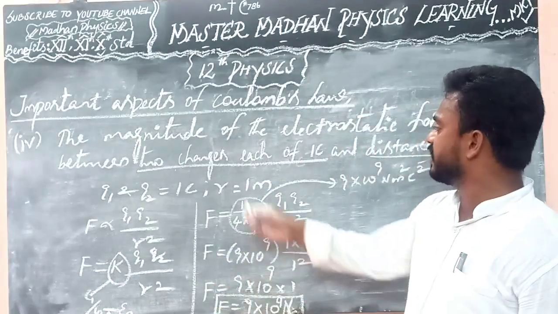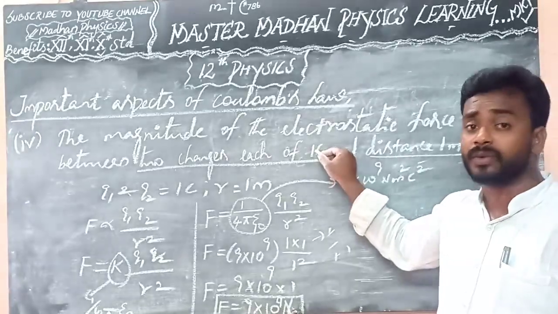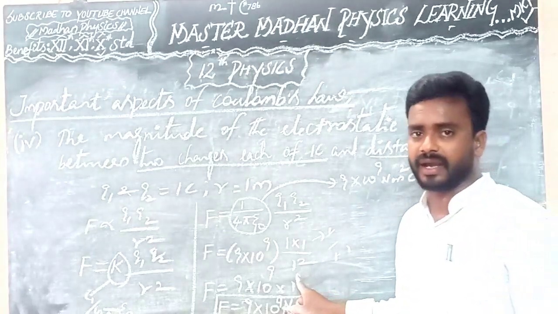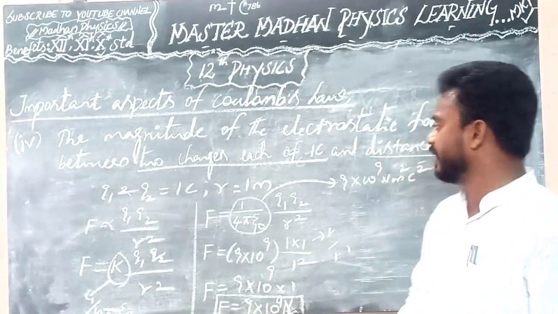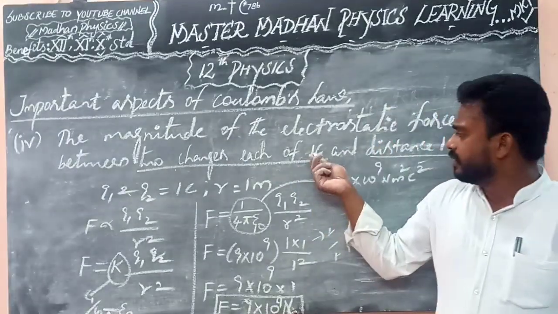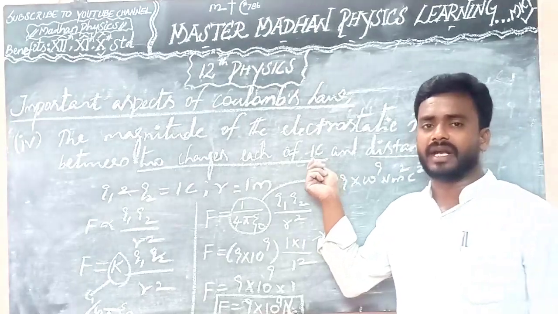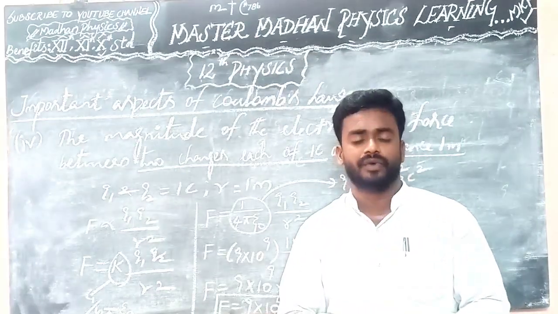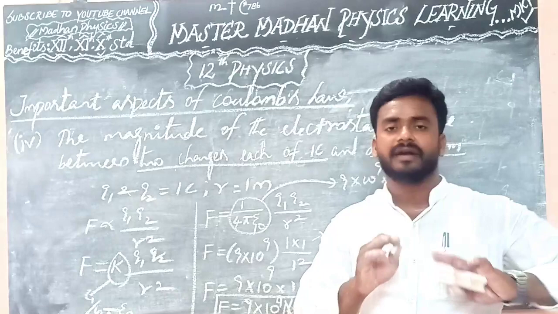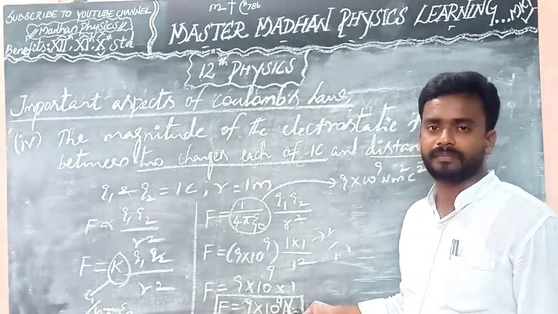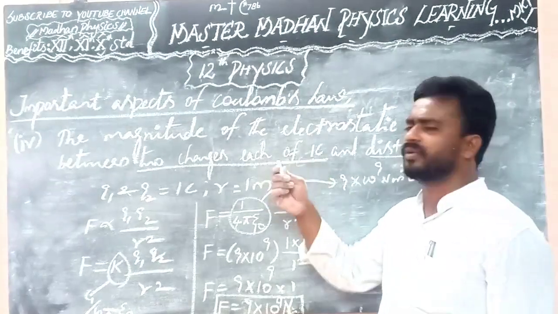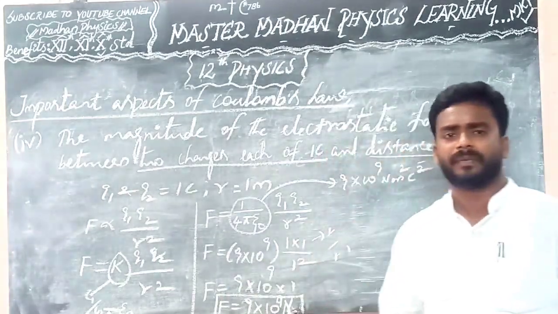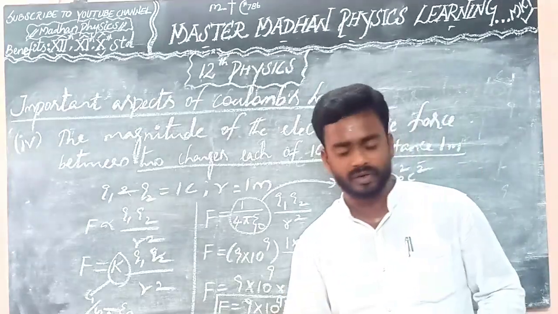Okay students, if you have any doubt, just look at this. We can change the charges value also. If they give 2 Coulomb, we have to put 2 into 2 divided by 2 square, which is 1. Listen a little: if the value of the charges and the value of the distance are the same, you can blindly put this value. If Q1 and Q2 are 10 and the distance is also 10, then 10 into 10 is 100, and 10 square is 100, so the answer is 1. So for that, it is 9 into 10 power 9 Newton.